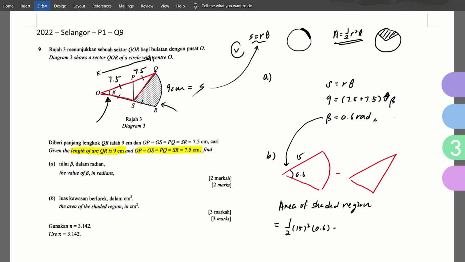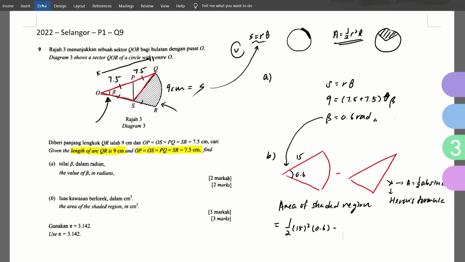Next shape. For this shape, we can actually use the formulas from Form 4 Chapter 9, which is the solution of triangles. In that chapter, we have learned two formulas to calculate area. The first one is this. The second one is Heron's formula.